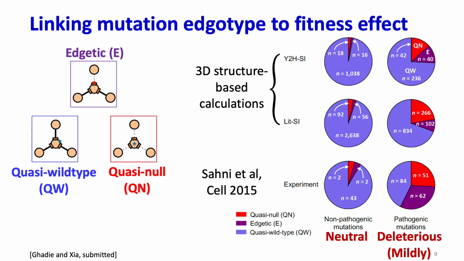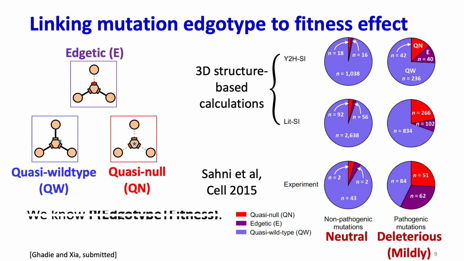Now, we can safely assume that common non-disease mutations are neutral and Mendelian disease-causing mutations are deleterious. In fact, disease mutations are probably mildly deleterious on average because there are also embryonically lethal mutations which are strongly detrimental, but they rarely show up clinically as disease mutations.